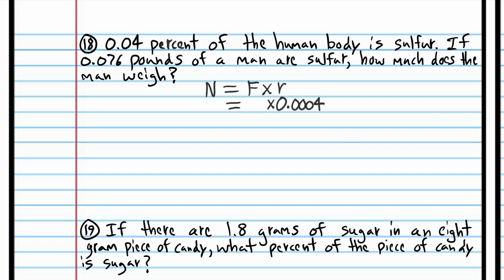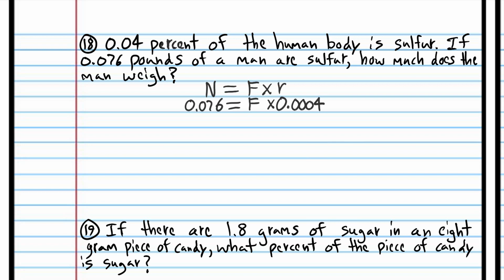If 0.076 pounds of a man are sulfur, how much does the man weigh? So we're told that 0.04% is 0.076. So the new number, they're giving us the new number. And they're asking for the original number. So that's what's different about this problem.